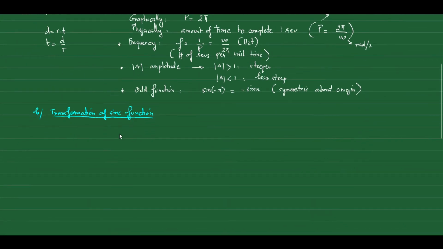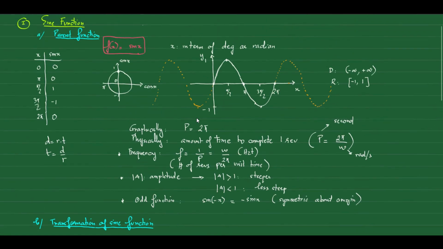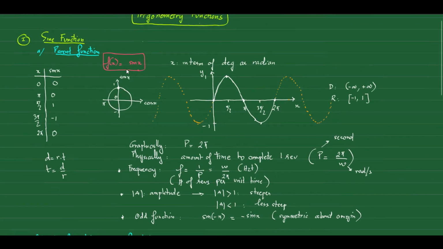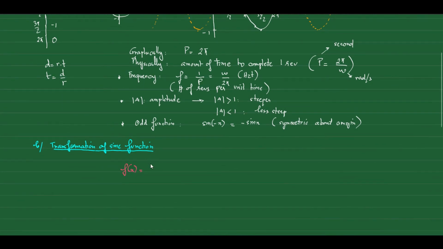More fun, huh? So the function after transformation will be something like this: f of x equals a sine of bx plus c, plus k. The amplitude here is not 1 anymore, because the parent's amplitude is 1, but right now the amplitude is a. The value inside, c, moves the graph to the right or to the left.